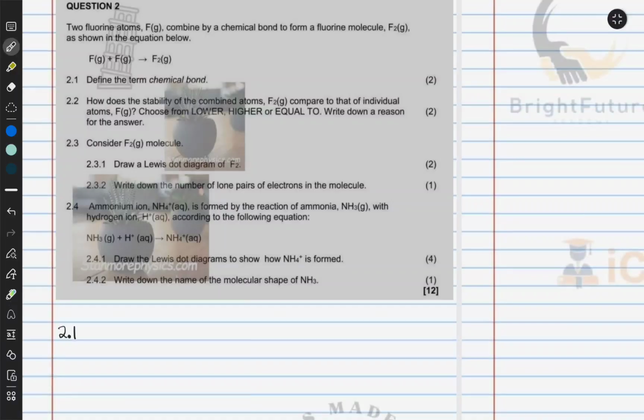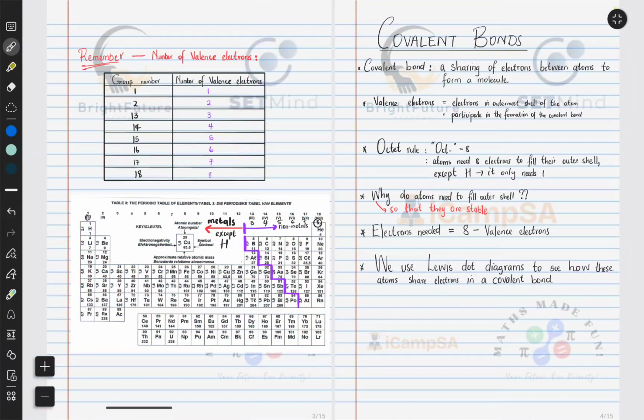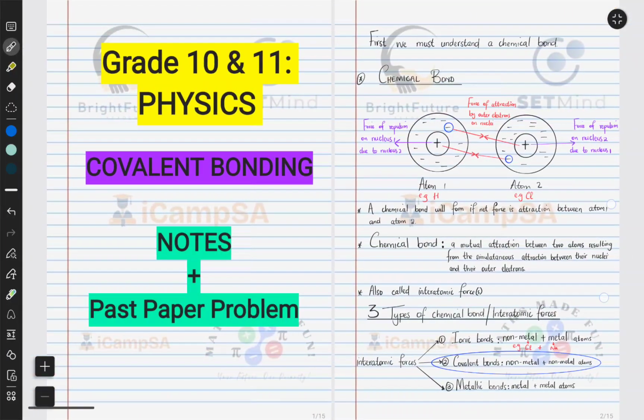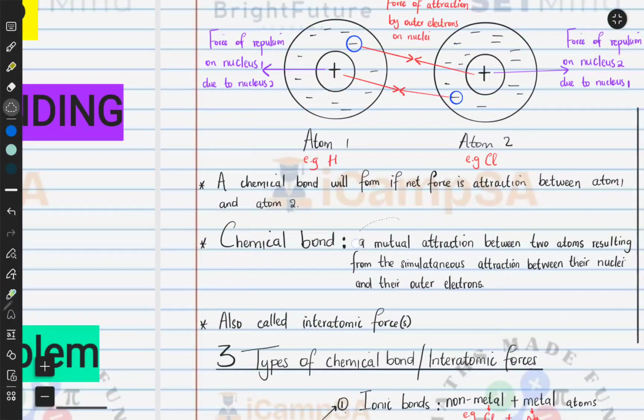Remember, we said a chemical bond is just a mutual attraction between two atoms as a result of the simultaneous attraction forces between their outer electrons and their nuclei. We wrote that definition, I think. Yes, so we'll just take that.